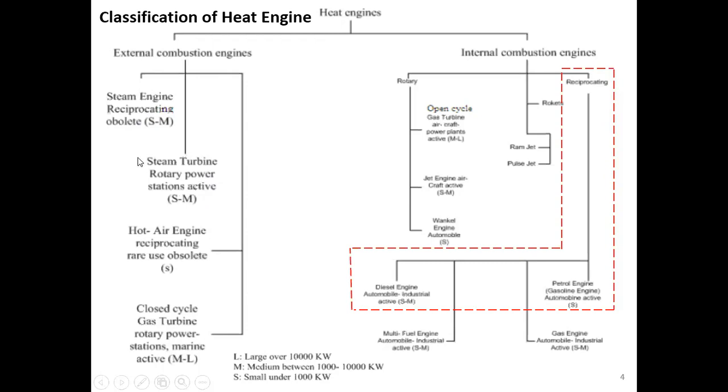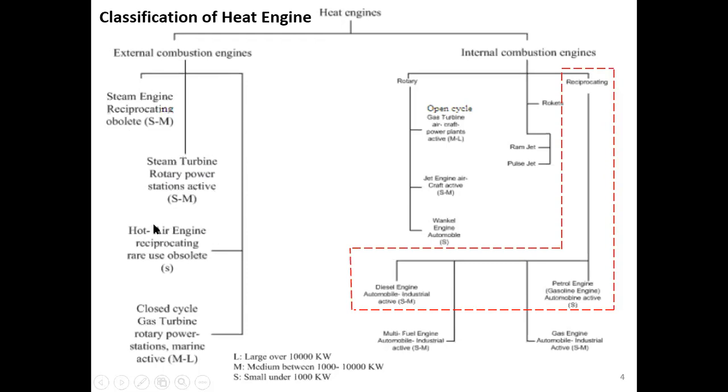We also have the steam turbine engine. That is not a reciprocating engine, but a turbine. Steam runs the turbine, and the turbine goes to the wheels to create the motion.